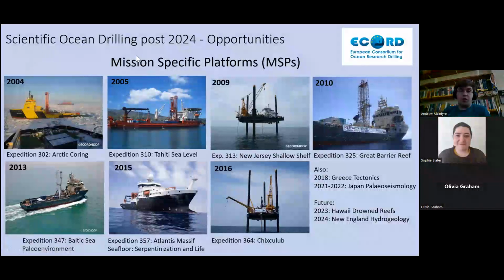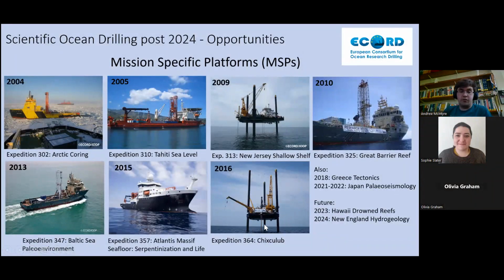On these mission-specific platforms, we contract out a ship specialized for the expedition. So we can drill in locations which the other big ships in the IODP program can't get to, such as the Arctic here, where we have icebreaker ships that help us stay in position.